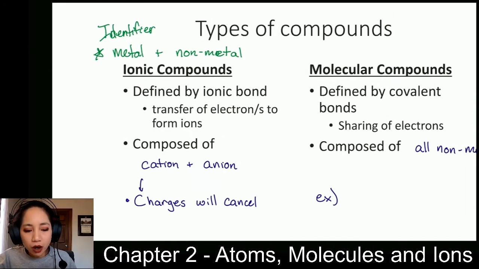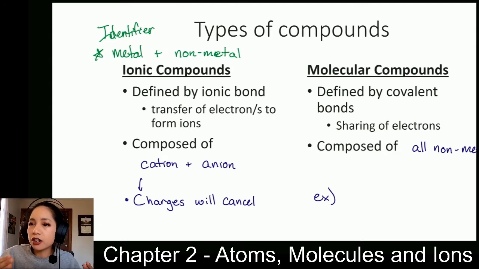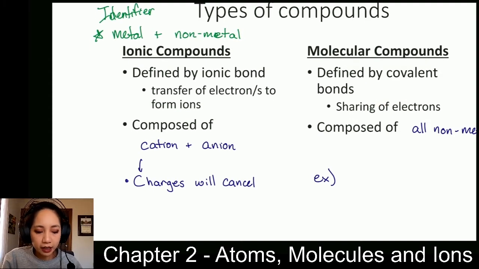And so we call them ionic compounds because they're defined by possessing an ionic bond. It's essentially the forces that hold the substance together. And we'll talk about ionic bonds, but an ionic bond is simply the transfer of electrons to form ions. And this contrasts to molecular compounds that we'll talk about. And again, our identifier for an ionic compound is that it's composed of a cation and an anion.